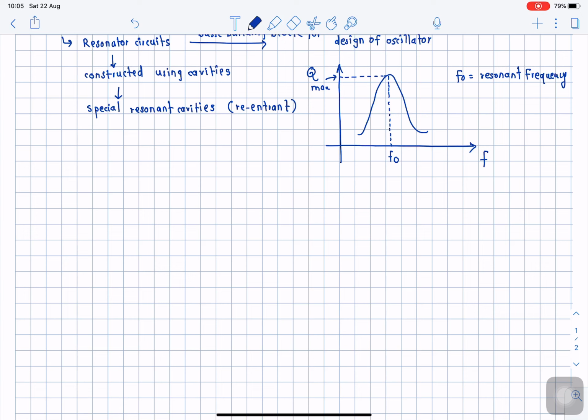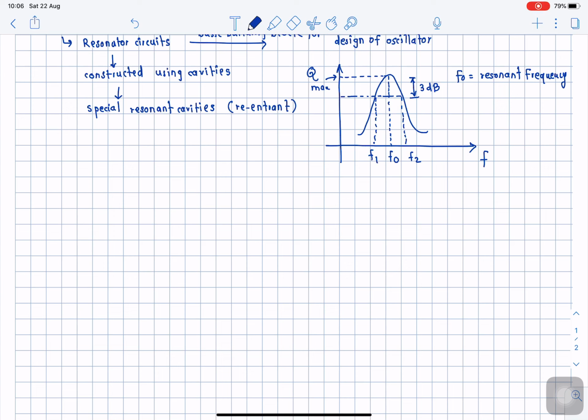Okay, so if we come 3 dB down, if we take the 3 dB down value of this particular curve, these two frequency points, the lower 3 dB and upper 3 dB points, we get at say F1 and F2.